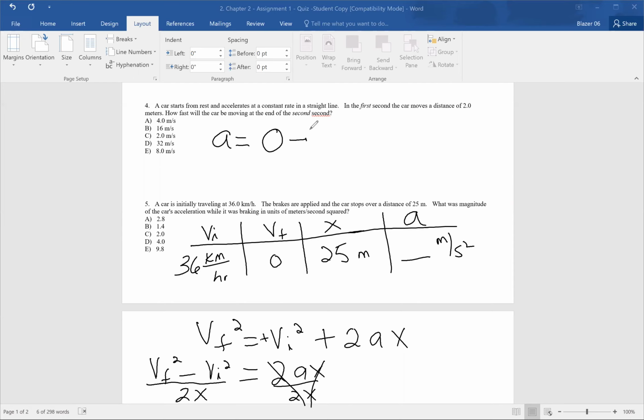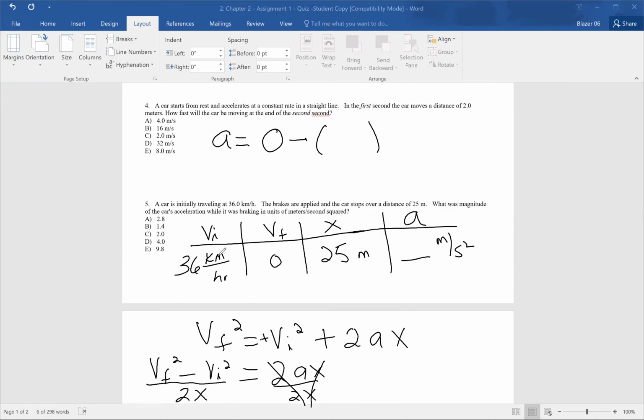minus V initial squared. Now, if you look very carefully, the first thing you see is that this V initial is in kilometers per hour, but my answer needs to be in meters per second squared. So before I put this number here for V initial squared, I need to convert that to its SI unit. But look at this.